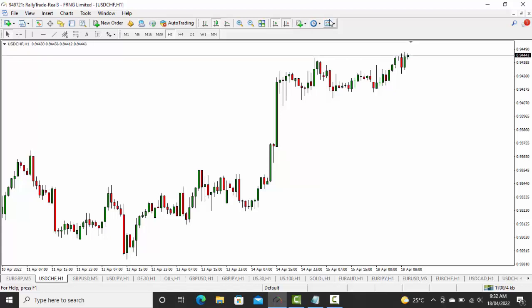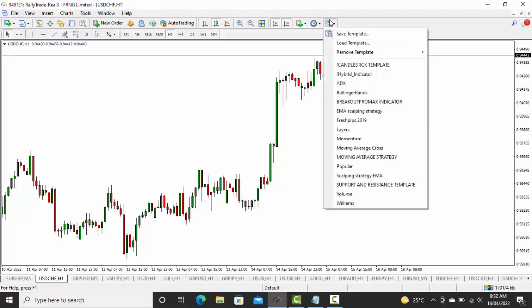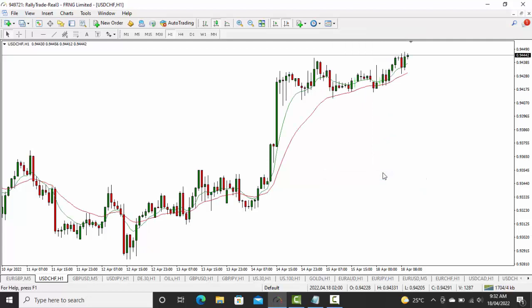I go to my template since I have previously saved that template. I move to scalping strategy EMA. I believe we can still remember the name I used to save it back then. I click on it this way and automatically it comes up on my chart. So I don't need to go over all of the setup again. Since I have it saved as a template, I recall it, I get to see it play out on my chart.